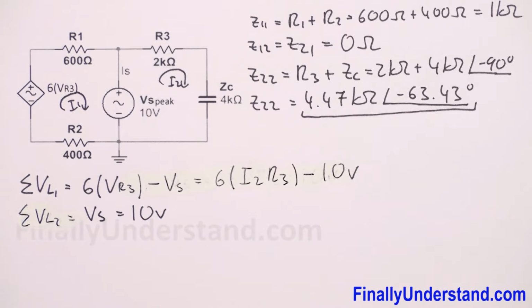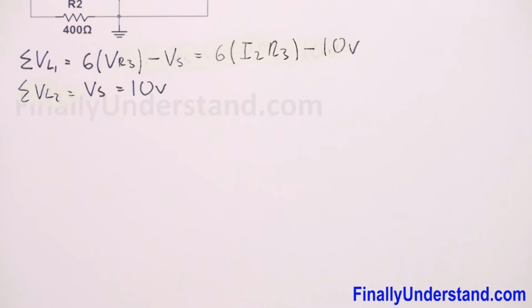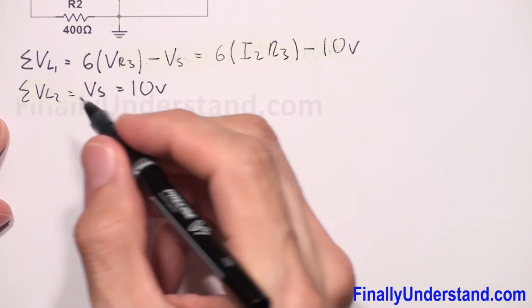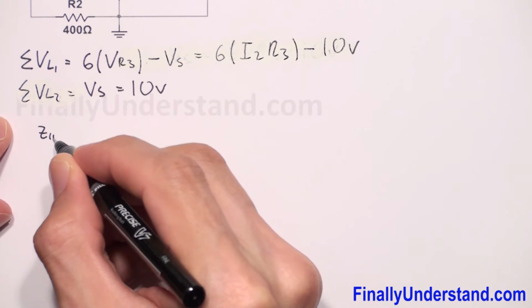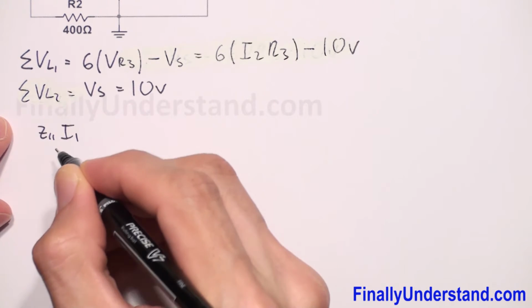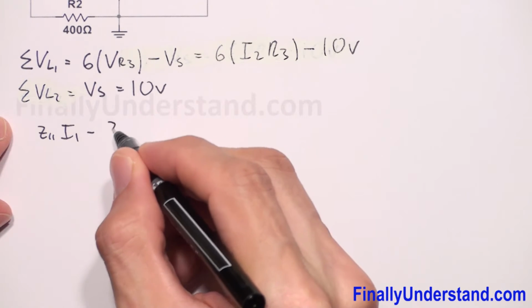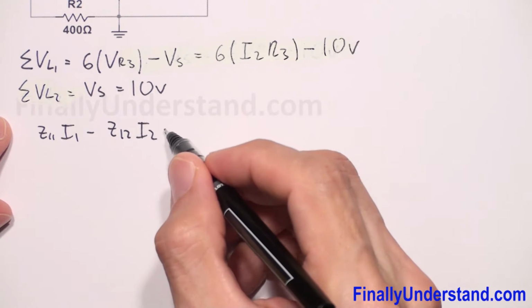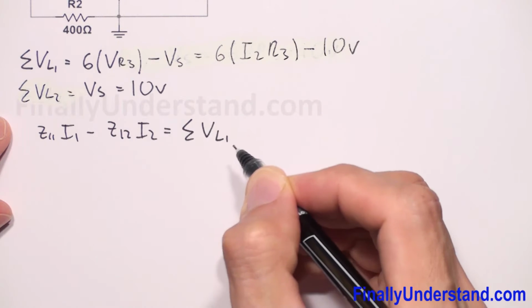Next, I'm supposed to write the formula for the circuit with two loops. So I have Z11 I1, and I have minus Z12 I2 is equal to the sum of the voltages in loop 1.